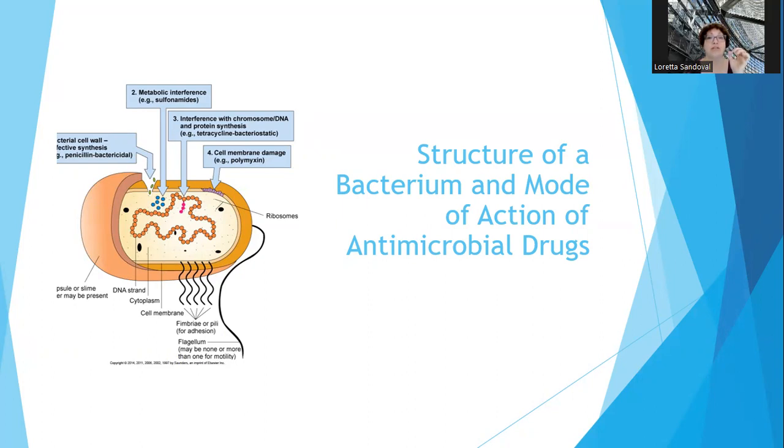We'll talk about things that are bactericidal or bacteriostatic. Bacteriostatic just makes it so that they don't really grow and reproduce. It doesn't necessarily kill them. But it eventually kills them off because they don't grow and reproduce. There are also drugs that cause cell membrane damage, like polymyxin.